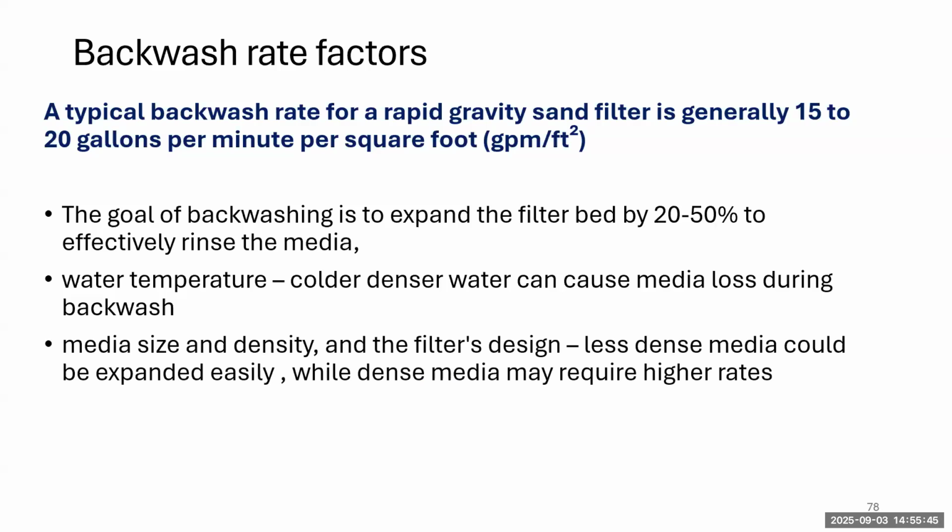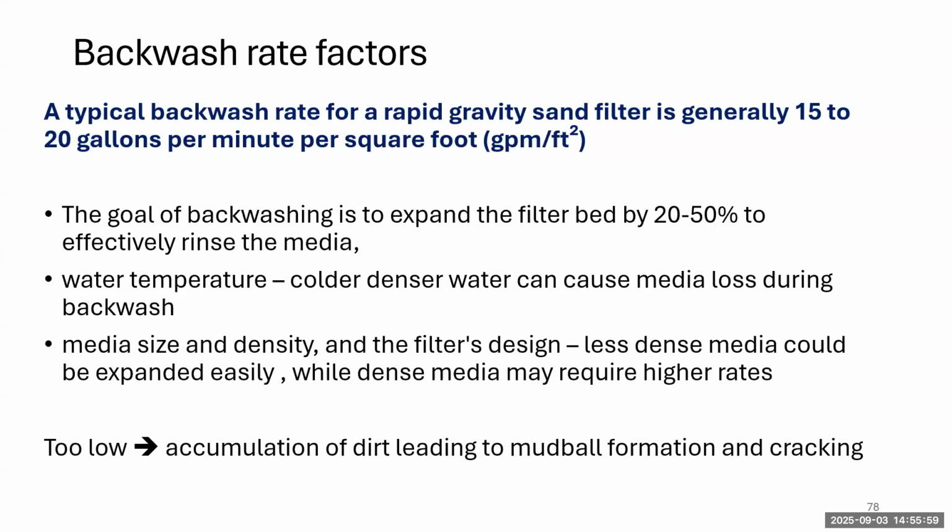And it's affected by the type of media. Less dense media can be expanded more easily and you could lose that media more easily, while the more dense media, the media with higher densities, require higher rates. And over time, if your backwash rate is too low, it can lead to the accumulation of particles of clay and particles that aren't removed, and it can lead to mud balls.